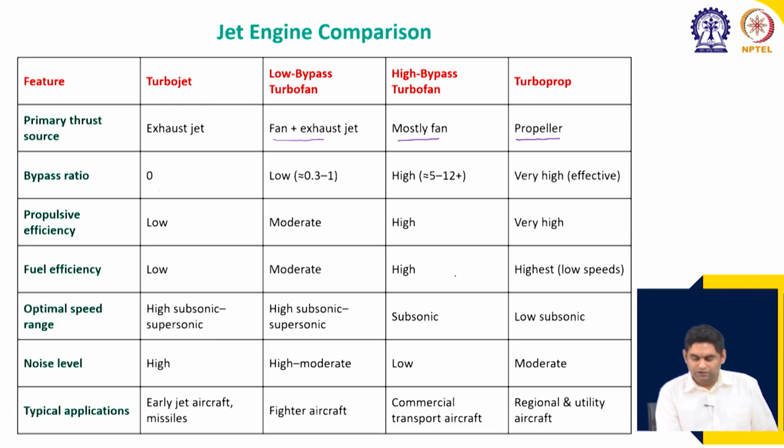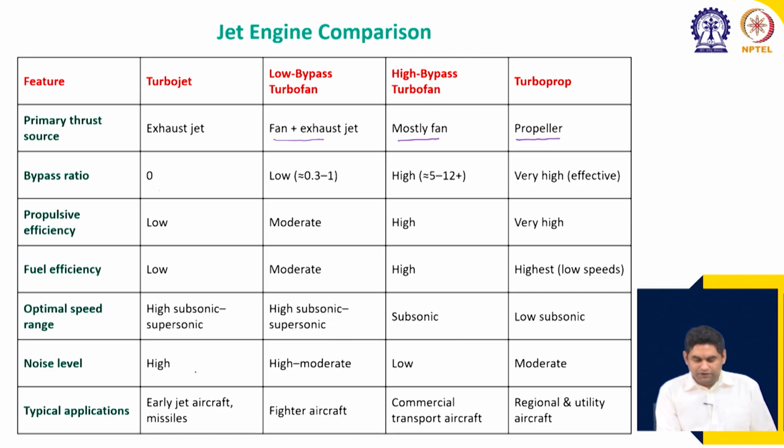Fuel efficiency also keeps on increasing at low speeds. Optimal speed for turbojet is high subsonic, or actually better, low or moderate supersonic speed. Low bypass turbofan is good for high subsonic and low supersonic speed. High bypass turbofan is for high subsonic speed just below Mach 1, and for low subsonic speed we have turboprop.